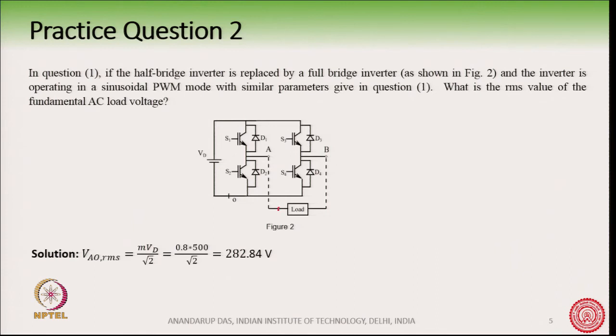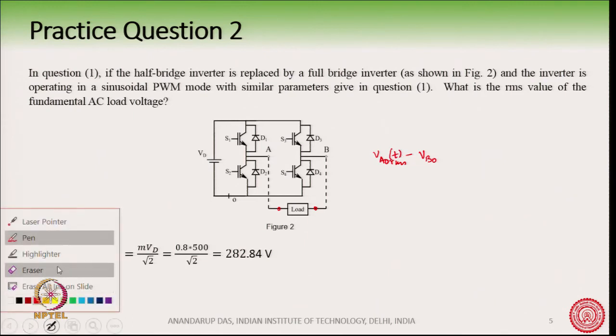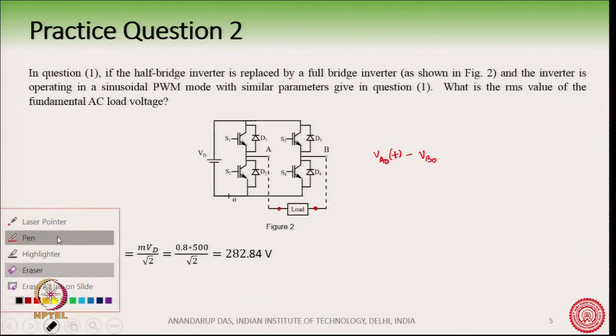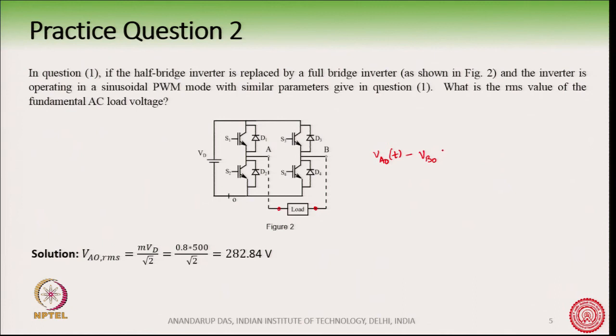So, the voltage across the load is VAO minus VBO, and we can say the instantaneous VAB voltage across the load is equal to VAO(t) minus VBO(t).